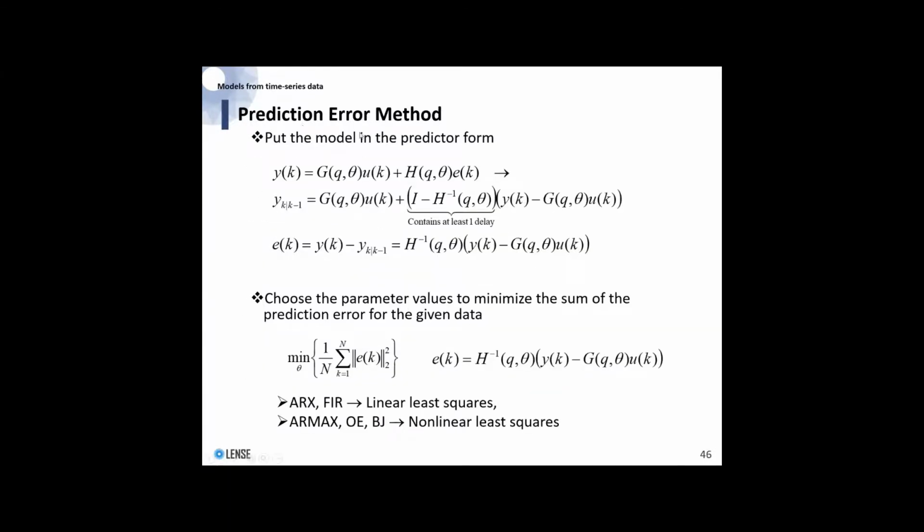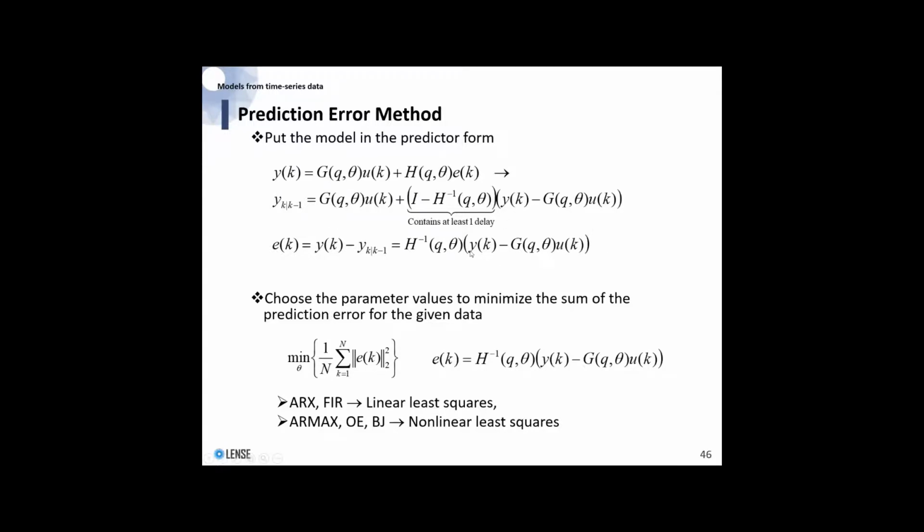A very popular method is what's called the prediction error method, developed by Lennart Ljung. So if you have a model like this, you create a one step ahead predictor structure like this. If I had the model here, that is what I would use as the prediction. And so that's the prediction error.